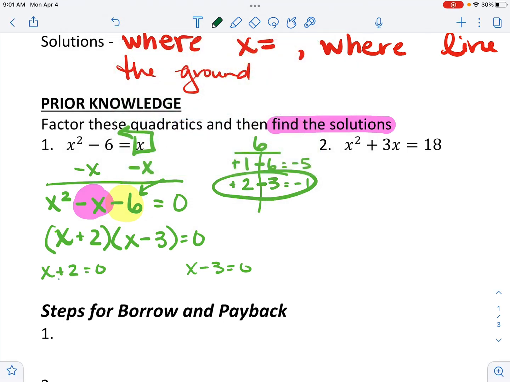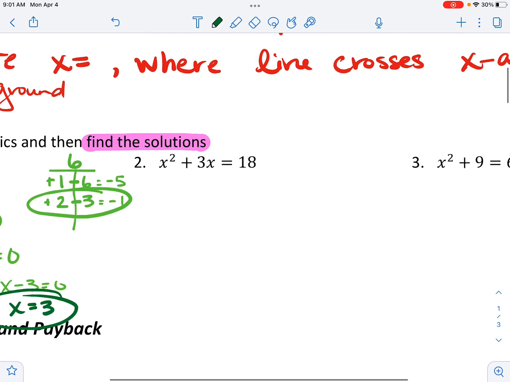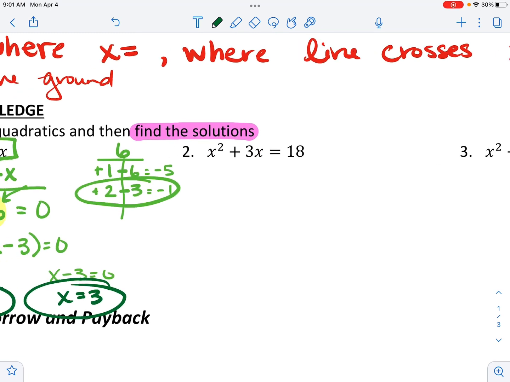That is a minus 2. So we're going to have x equals negative 2. And what is the opposite of minus 3? It is plus 3, so x equals positive 3. So our solutions to this equation are x is equal to negative 2 and x is equal to 3.